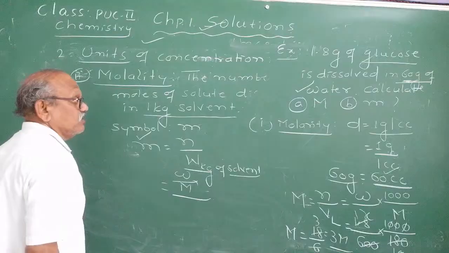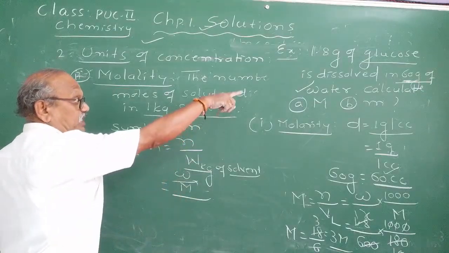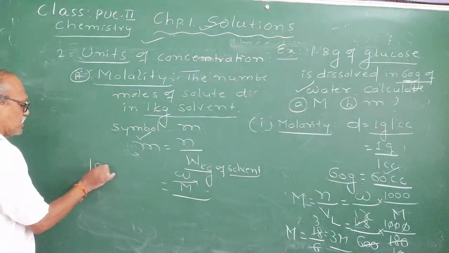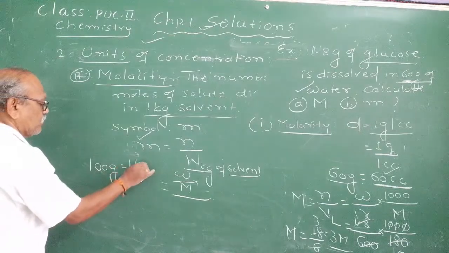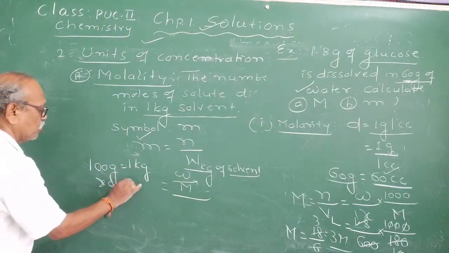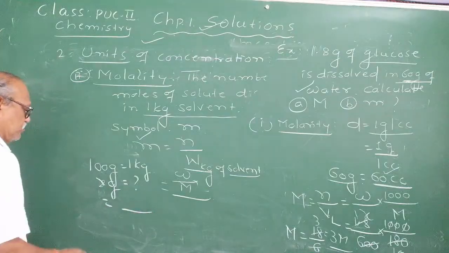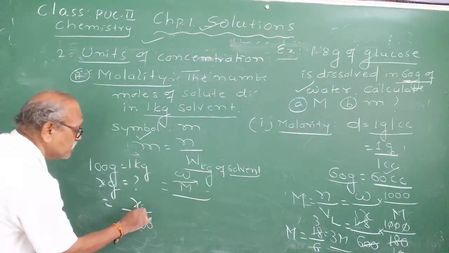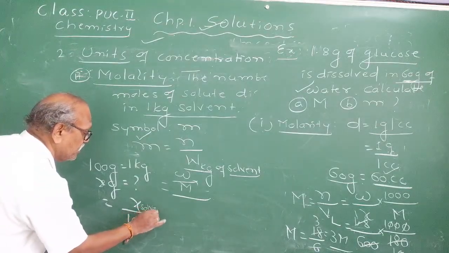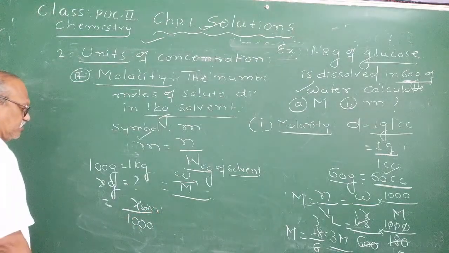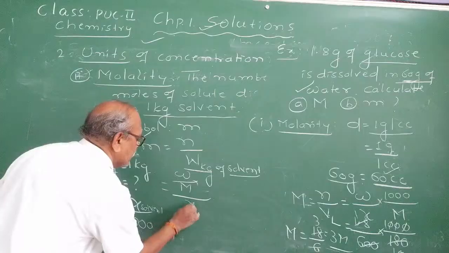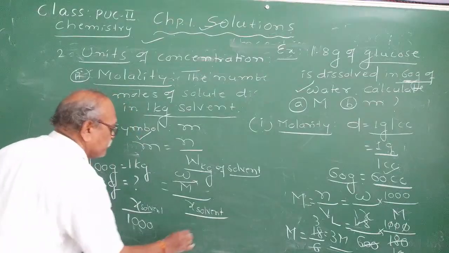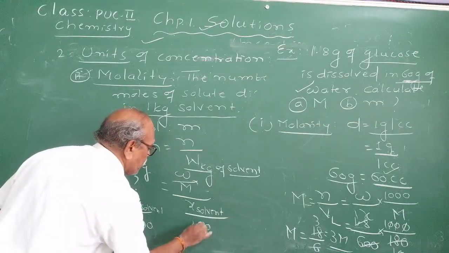If the solution were given, the question would be different. 1000 grams is equal to 1 kg, then x grams is equal to x upon 1000 kg, where x is the mass of the solvent, not the solute.